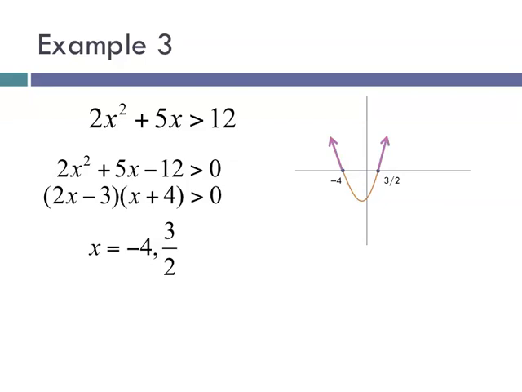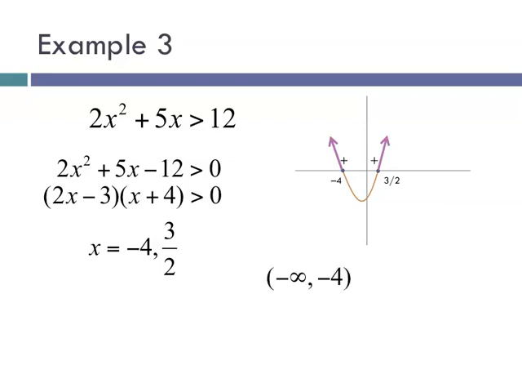Now we just have to write down those intervals in interval notation. For that first interval, x can be anything from -infinity all the way up to -4, not including -4, because at -4 it's equal to 0 and we want it to be greater than 0. So we would say from -infinity to -4.